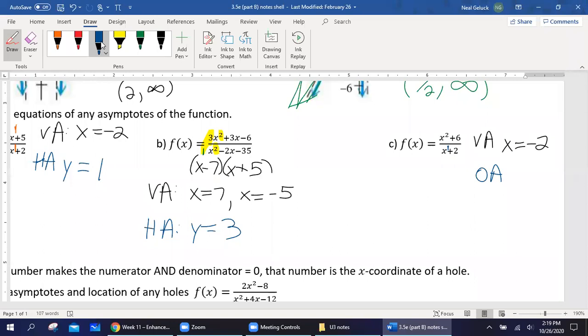And now the way I find the oblique asymptote is I actually perform the division. We can use synthetic division to do this. Since it's x plus 2, I'm synthetically dividing by -2. I'm dividing this, which is going to be 1, 0, because I need a placeholder, 6. So I'll drop this down, go through my synthetic division steps.